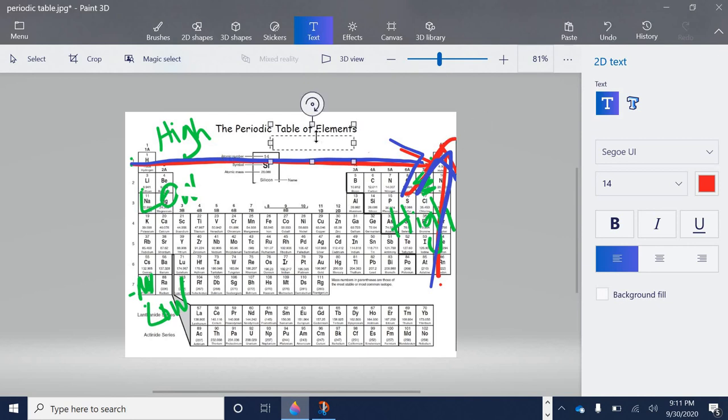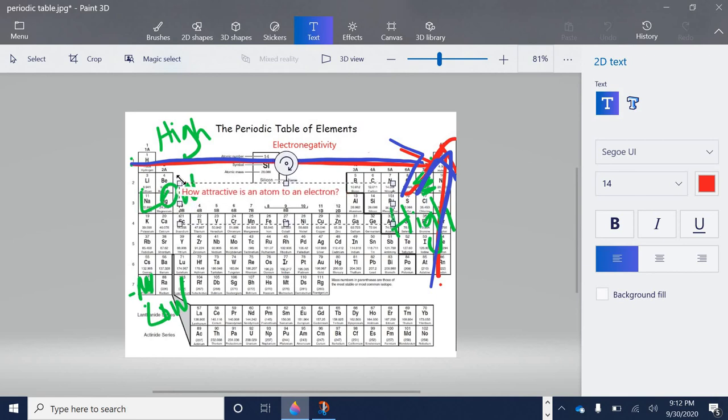And it basically is the opposite in definition of ionization energy. Electronegativity is basically a measure of how attractive an atom is to an electron. So how easy would it be to gain a new valence electron?